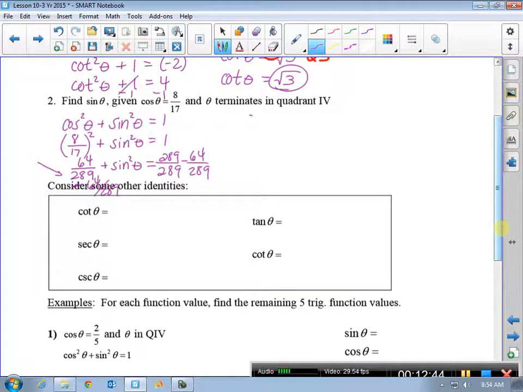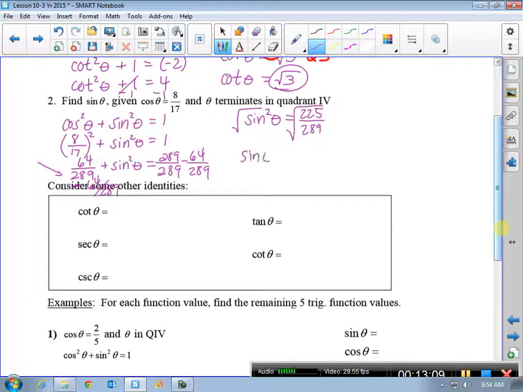And let's continue up here. That leaves me with sine squared theta equals 225 over 289, square root, plus or minus.